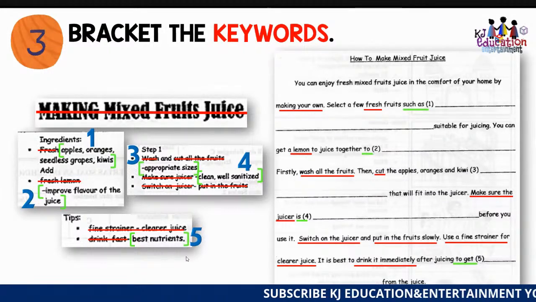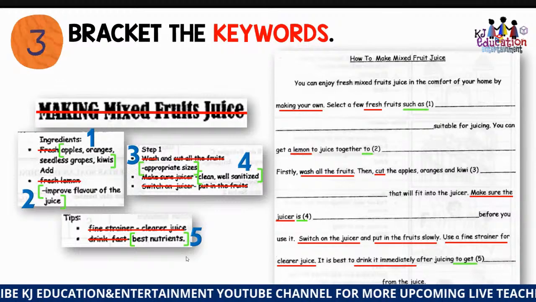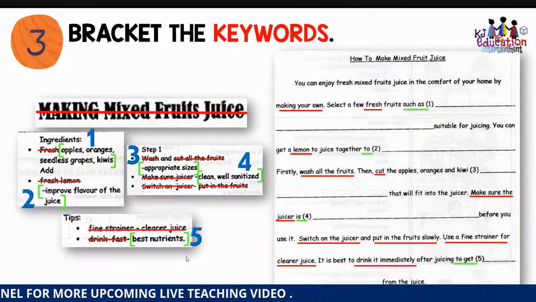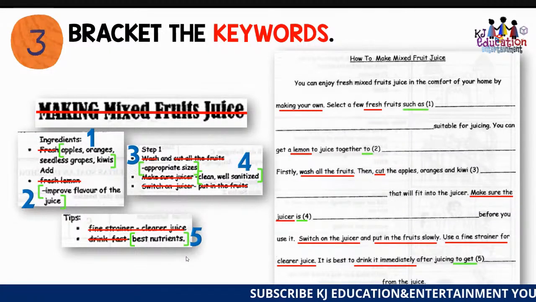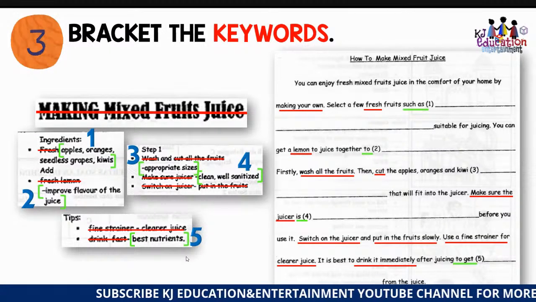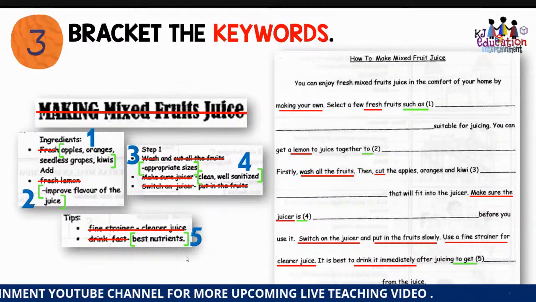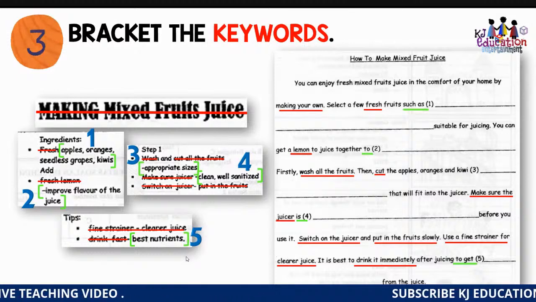All right. So as you can see, now these are the most important steps over here. All right. So we have gone through the first one where we have read, okay, and the second one where we have eliminated. All right. And the third one is we have put in brackets for the keywords, the possible answers.